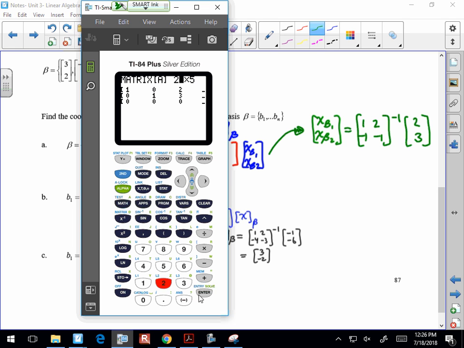Sometimes you can get a little calculator fatigue, where it's not hard, you just don't want to do it. So if that's the case, feel free to just crank it out by hand right quick.